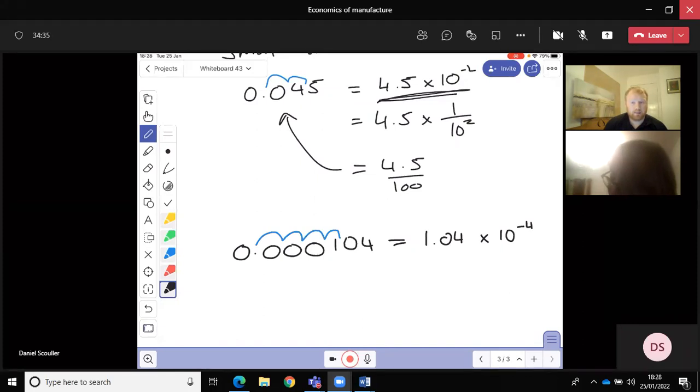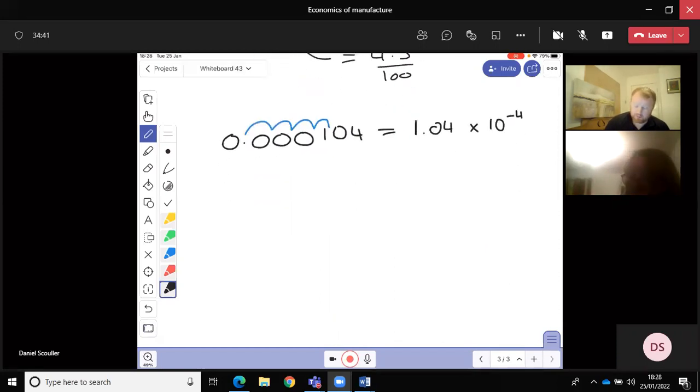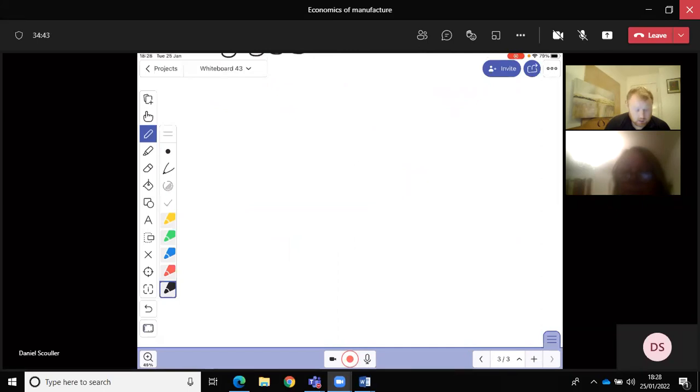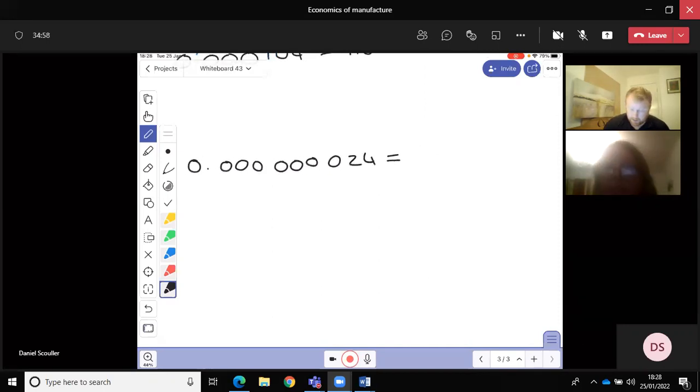And just for argument's sake, we had a really small number. That can be written as 2.4 times 10 to the negative, and we're moving this 1, 2, 3, 4, 5, 6, 7, 8 to the negative 8.